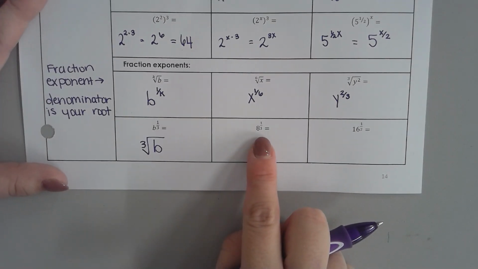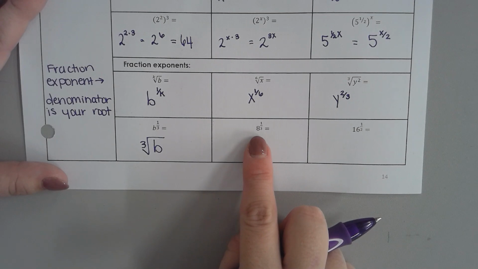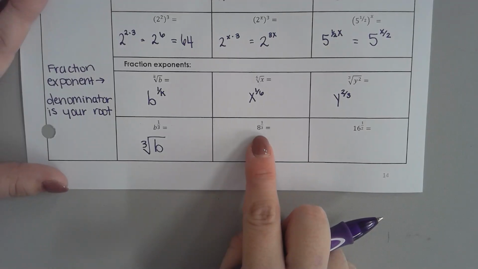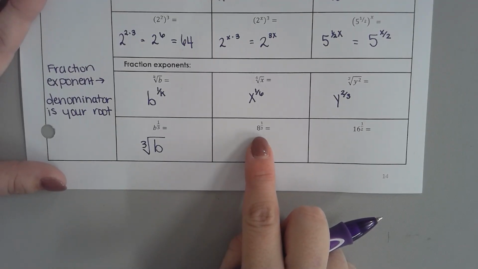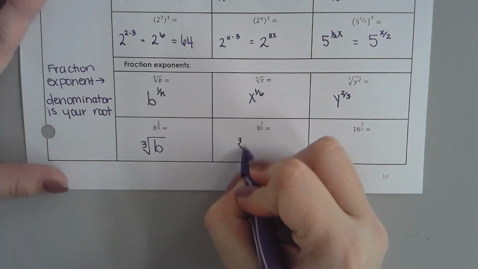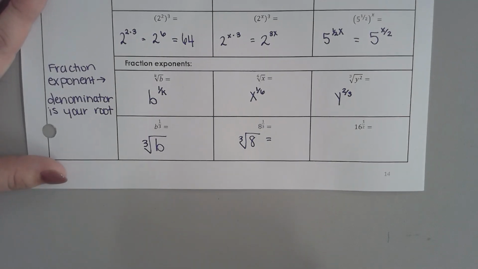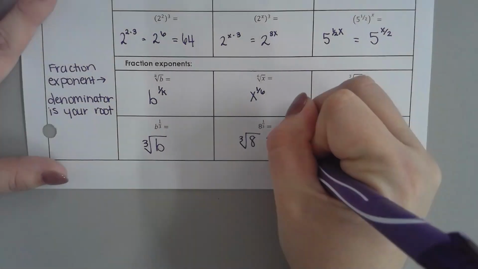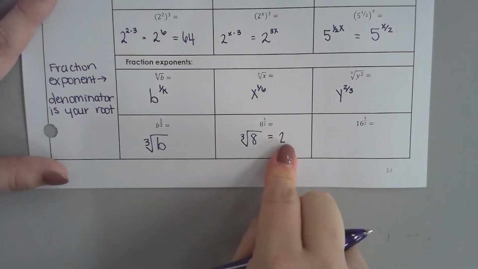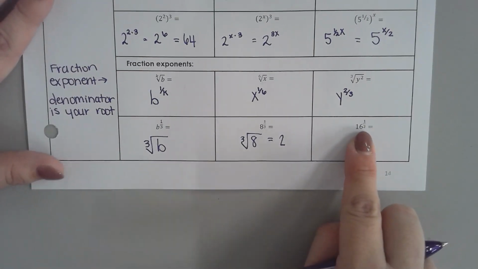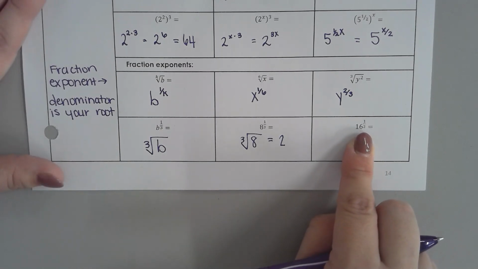How would I write 8 to the 1/3? The cubed root of 8. This would be the cubed root of 8, which is what? You may know? 2. Yep. Because 2 times 2 times 2 is 8. 16 to the 1/2 would be the what?